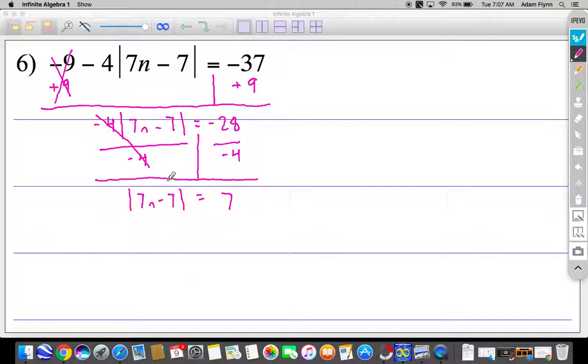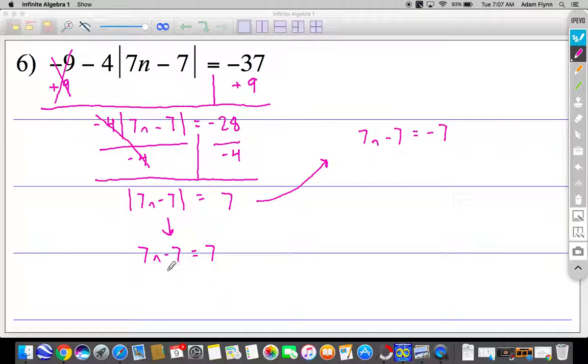So from here I can break it up. So I will say 7n minus 7 equals positive 7. And up here, I will say 7n minus 7 equals negative 7.